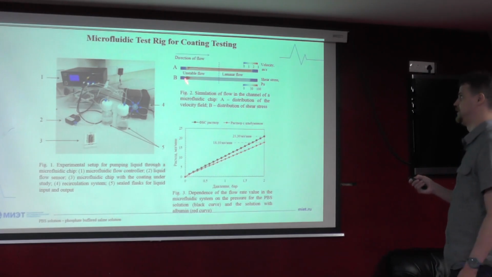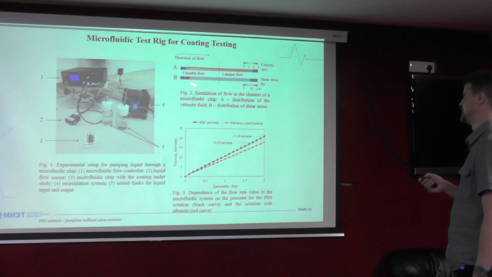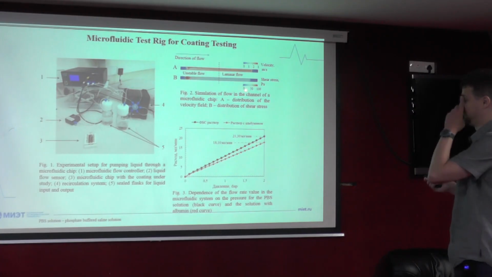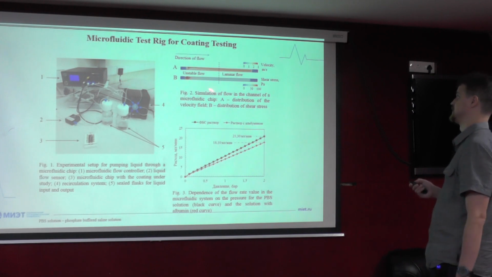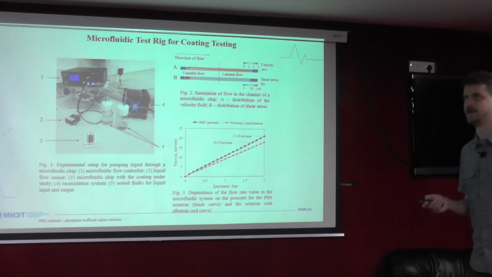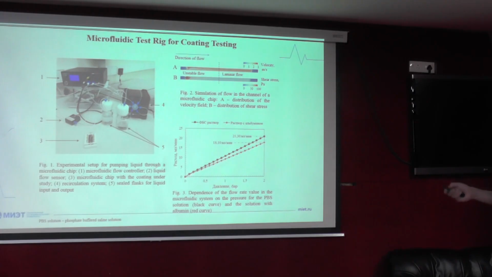It helped us to evaluate what particular shear stress parameters we experienced during the exploitation of the microfluid channel. Because of course, if we have unstable flow somewhere, it will create a specific shear stress, and that can affect the surface that we want to use to prevent the clotting.